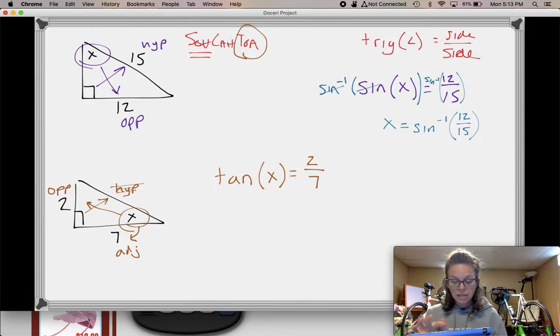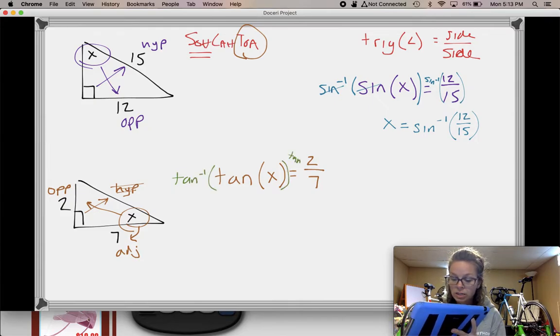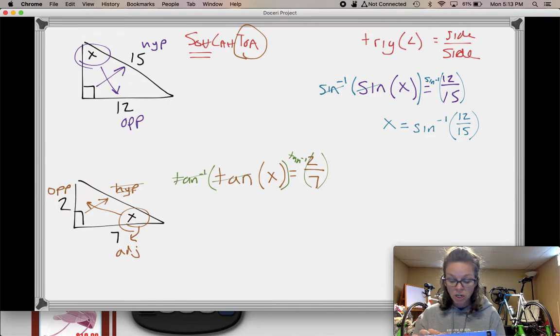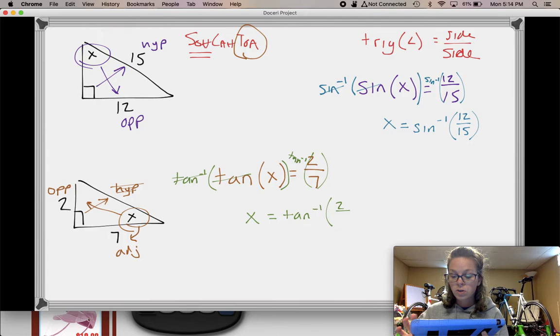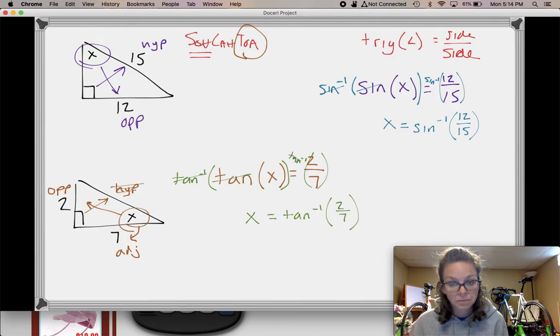To peel that tangent off of the x, I am going to apply an inverse tangent. But whatever I do to one side, I must do to both. Inverse tangent cancels regular tangent, just like putting on your socks and taking them off. But on the other side, we need to apply that inverse tangent to the fraction of 2 over 7.